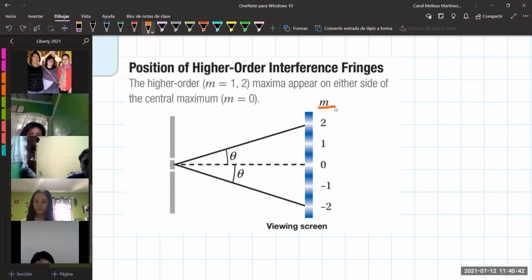The orders stand for the letter M, and the center of it is the order 0, right in the center, as you can see. In the viewing screen, you're going to have two kinds of fringes: bright fringes and dark fringes.